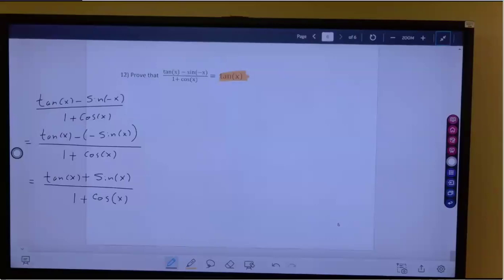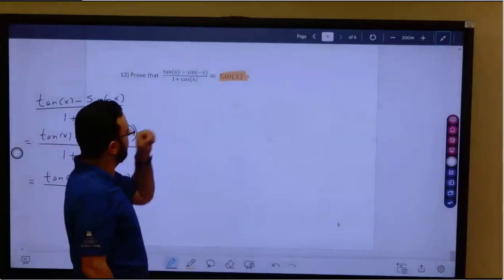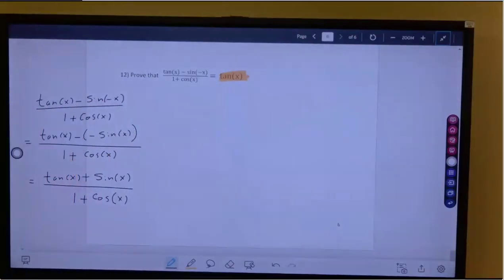Now this thing, until now I didn't get anything to turn into tangent. Sine divided by cosine is tangent. What about this tangent? It's not going to work, and you can't divide sine by cosine here, because there's plus and plus. But I can do here, say tangent x is sine over cosine.